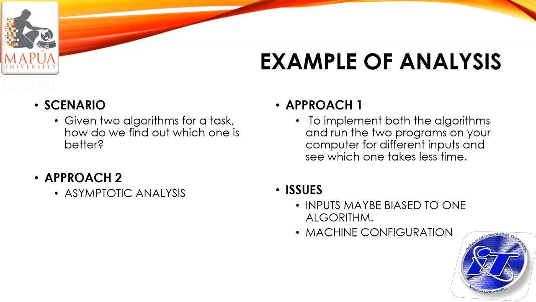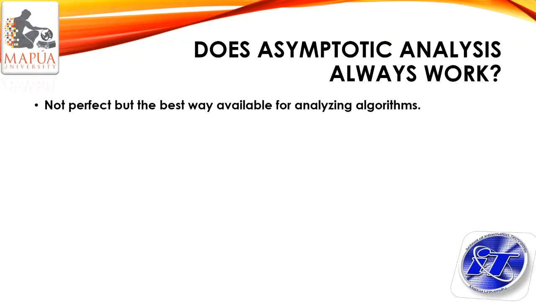So there's no external factor in our analysis. Okay, so that's why asymptotic is good for analyzing our algorithm. Just the steps, just the algorithm will be analyzed, no external factor. So does asymptotic analysis always work? Yes, but not perfect. But it is the best way to analyze our algorithm.